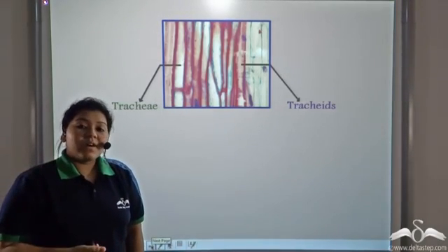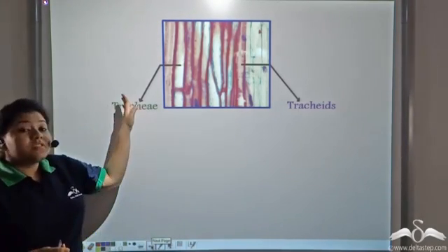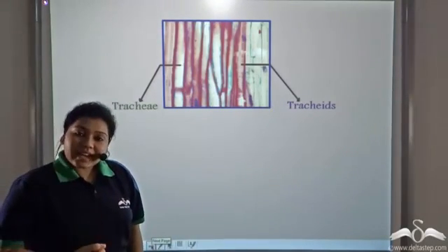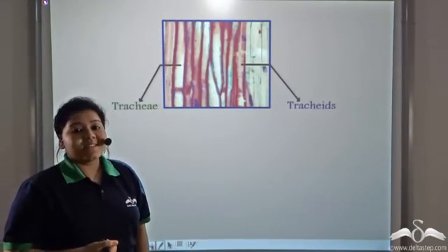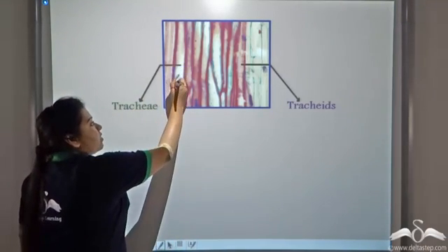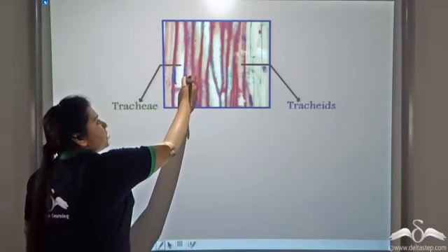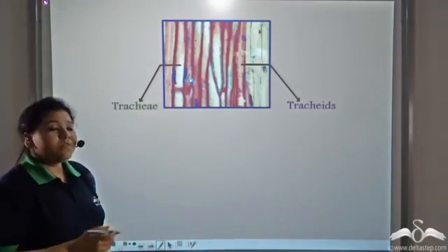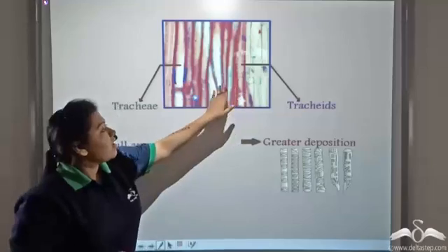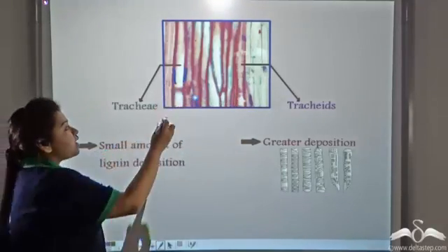So we've learned about the similarity of the trachea and the tracheids. But are they exactly similar? Let us see. See, the trachea have lesser deposition of lignin on their cell walls compared to the greater deposition of lignin on the cell walls of the tracheids.